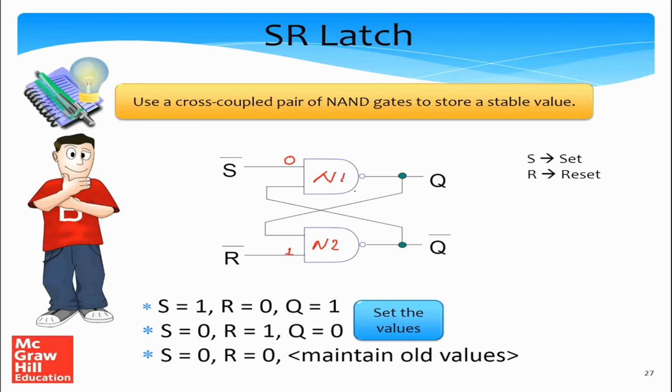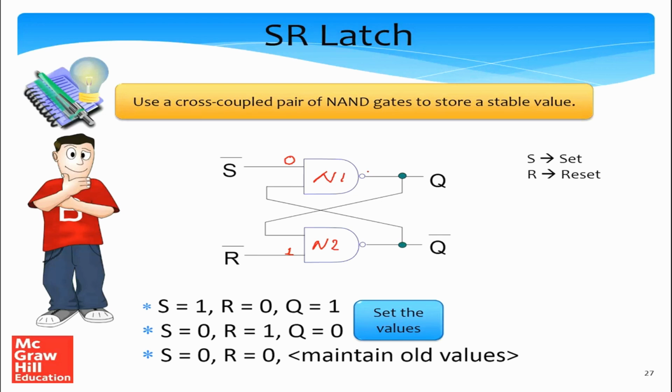In any NAND gate, when one of the inputs is equal to 0, the output is equal to 1, because it is not possible that the AND condition will be true.